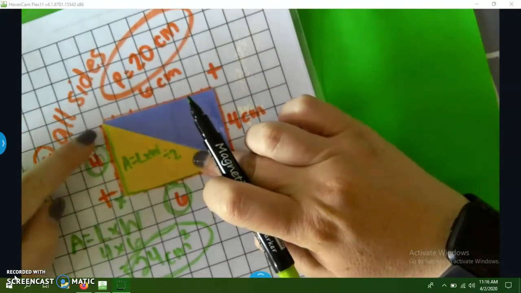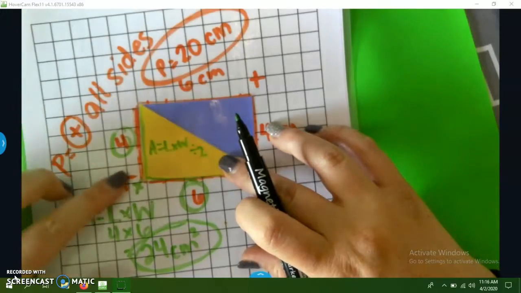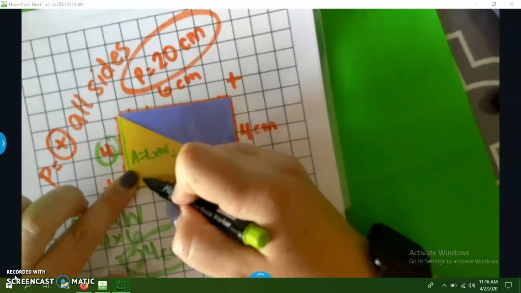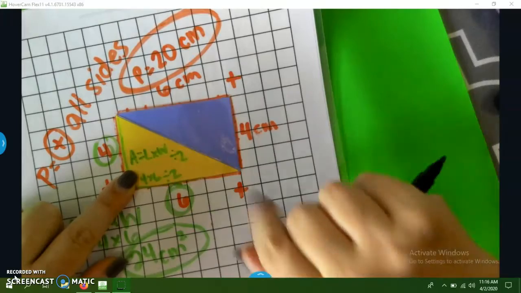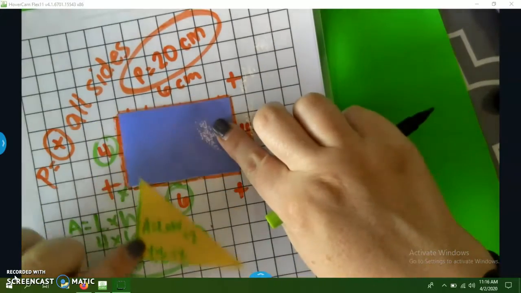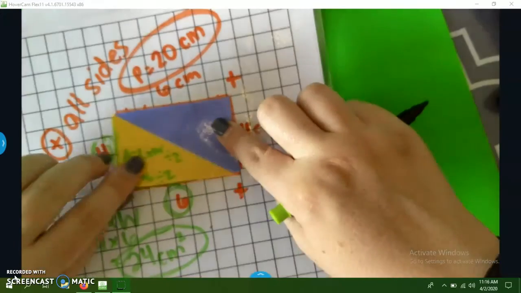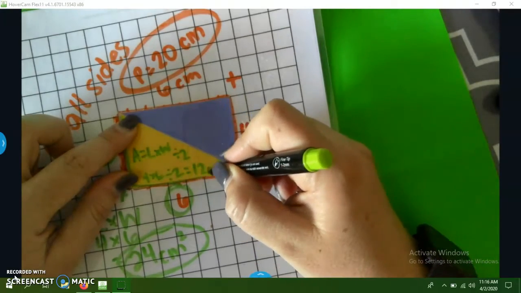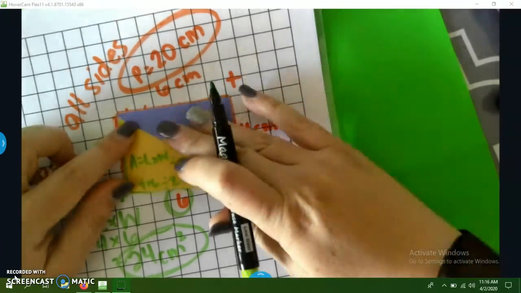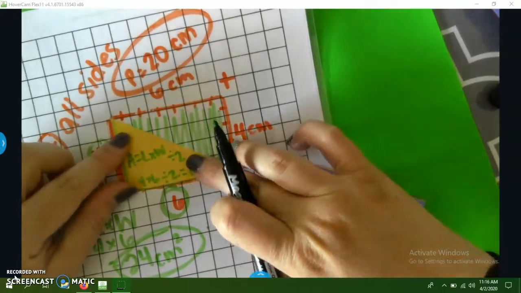So for this triangle, we would be doing 4 times 6, and then dividing by 2. And we already know 4 times 6 is 24 because that's what it was for the whole rectangle. But if I'm looking at just the triangle, I have to divide by 2, which gives me a total area of 12 centimeters squared.